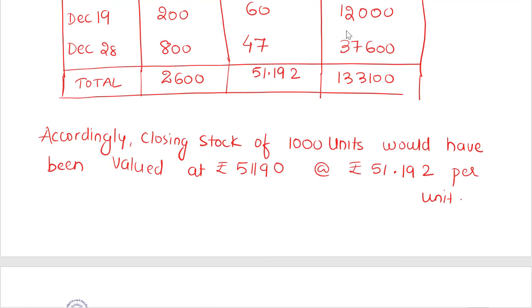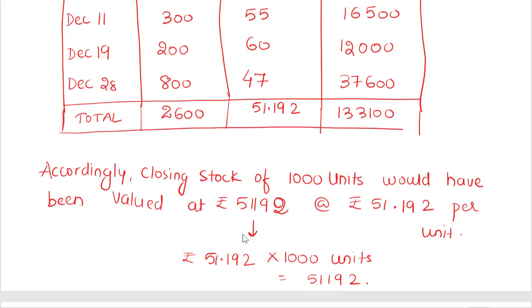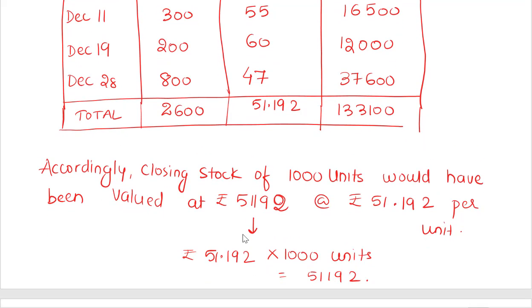How we had calculated this figure: 51.192 multiplied by 1000 units, the figure of 51,192 will come. I believe it is clear to you.